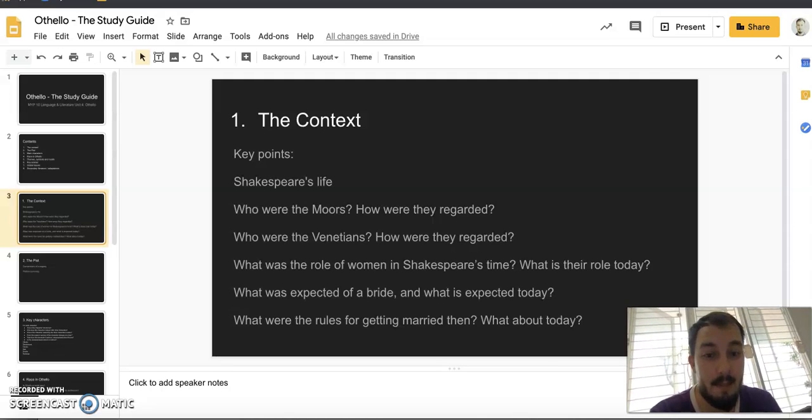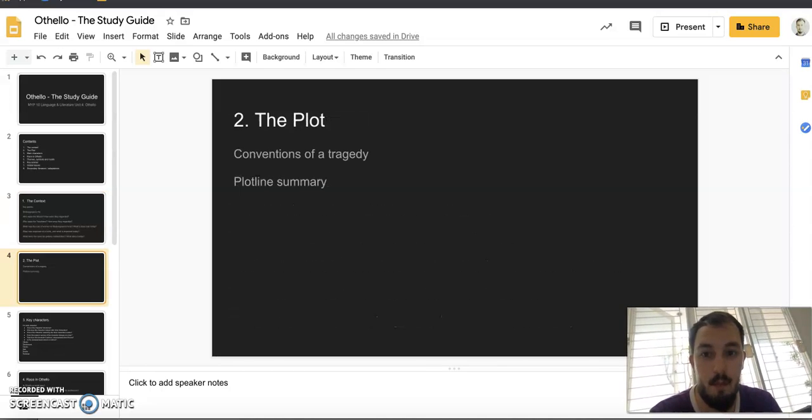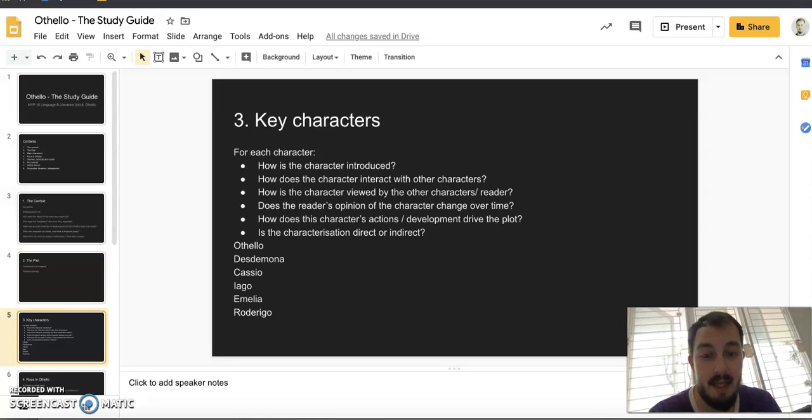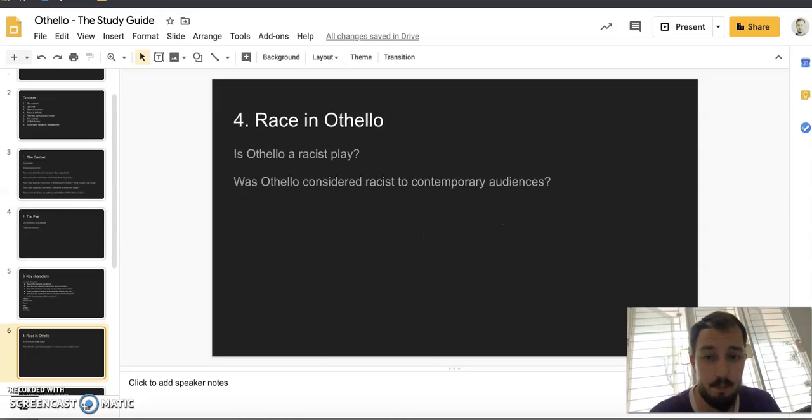And these are some of the key points that we've already looked at: Shakespeare's life, who were the Moors, who were the Venetians, what was the role of women, etc. Obviously the plot, fairly straightforward, because we're going to be looking at the plot today, especially what are the conventions of Shakespearean tragedy. So key characters, you're going to do some key character analysis a bit later, and we're just going to be looking at Othello, Desdemona, Michael Cassio, Iago, Emilia, and Roderigo.